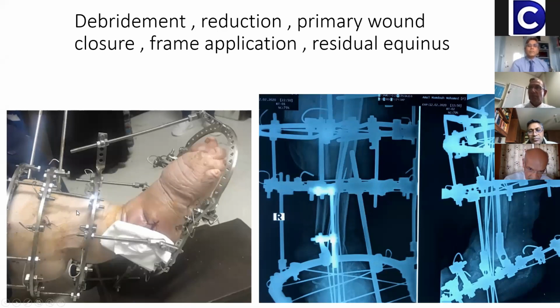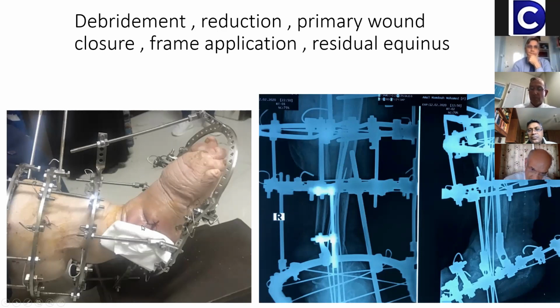So it's almost double the normal fixation because we have the problems of pin track infection, breakage of the wire, and early loosening of the wires. Remember that this patient did not walk now for 9 months, and she has severe osteoporosis. And we started giving her teriparatide immediately because she has severe osteoporosis. So because of these three reasons, we almost put double the wires, as you see here.